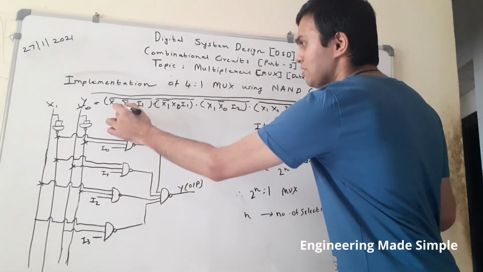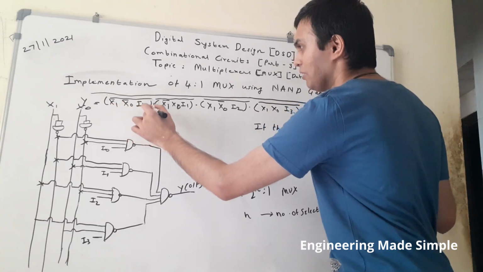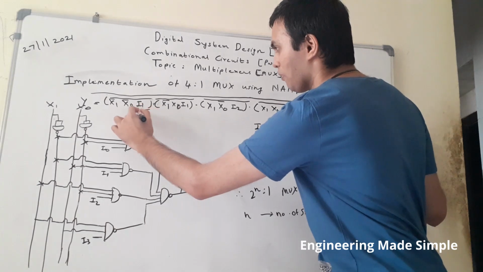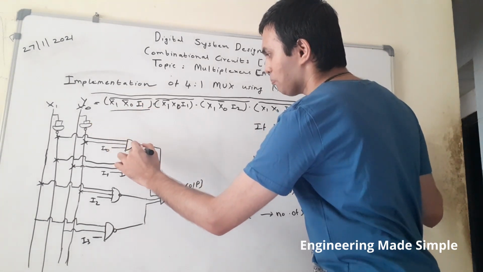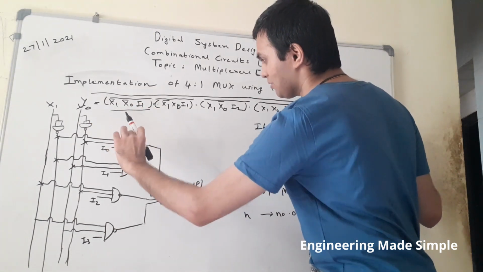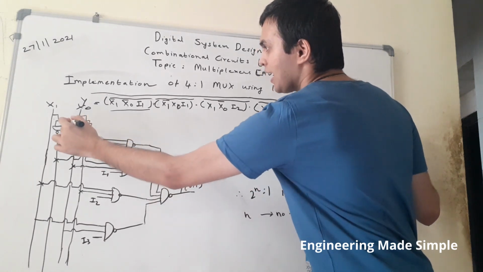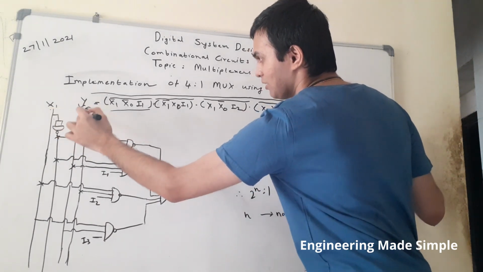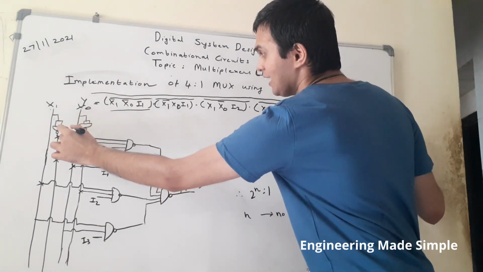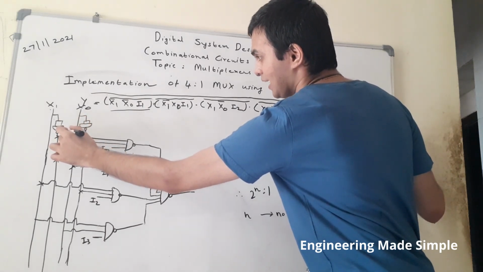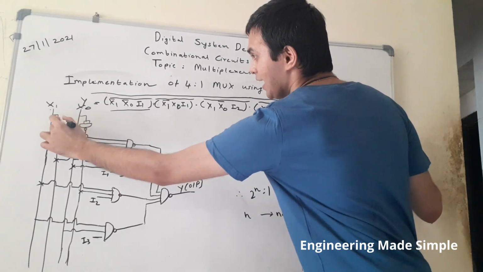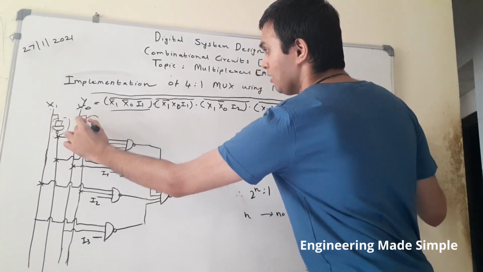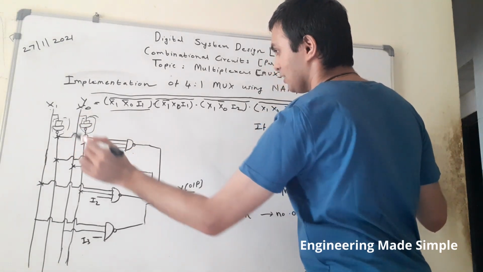The first term is x1 bar, x0 bar, I1, the whole complement. Now for this particular term, I will need one NAND gate, so I have it over here. And these input lines are the select lines, that is x1, x0, and here the NAND gate is used as a NOT gate, because I have implemented the NOT gate using a NAND gate over here.